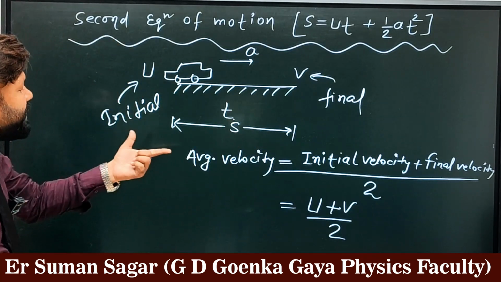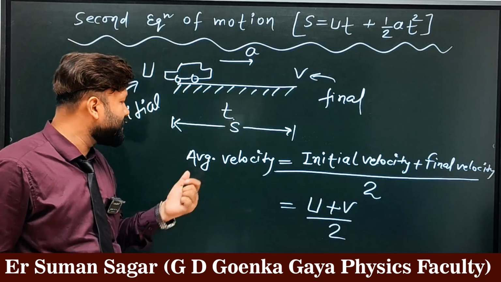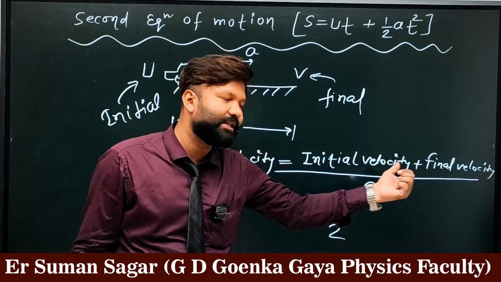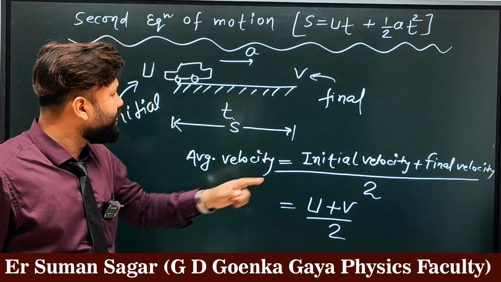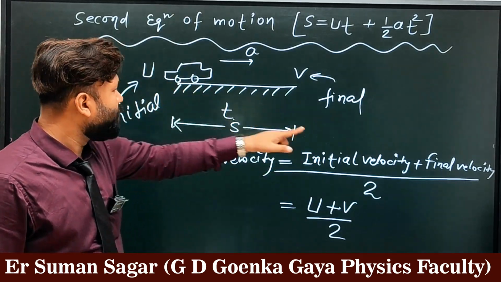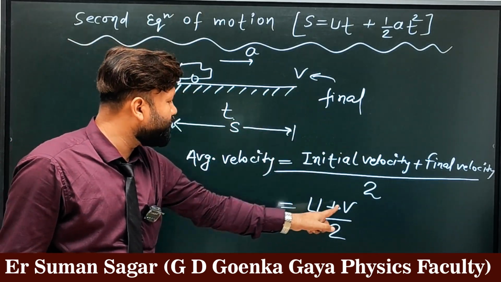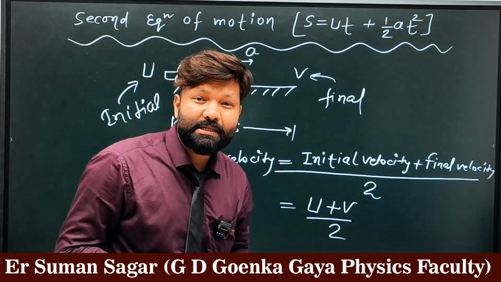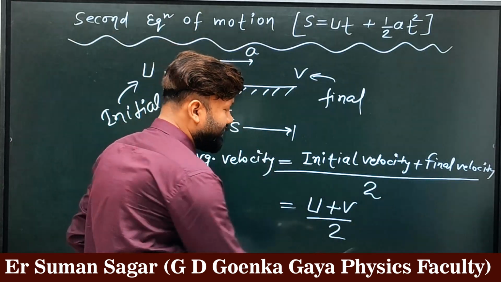Then we already learned in the previous class, average velocity is equal to initial velocity plus final velocity divided by 2. Now initial velocity is u, final velocity is v, so u plus v by 2. One more formula we have learned in the previous class, velocity is equal to distance by time.